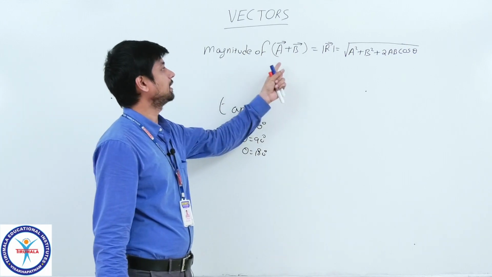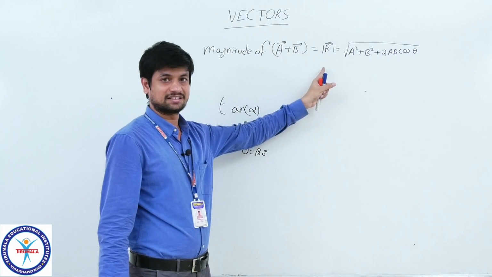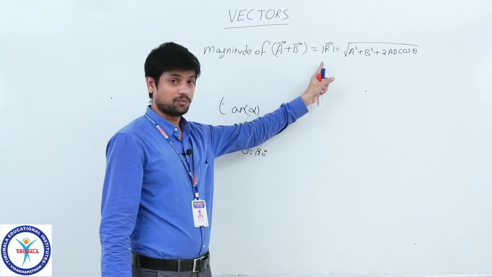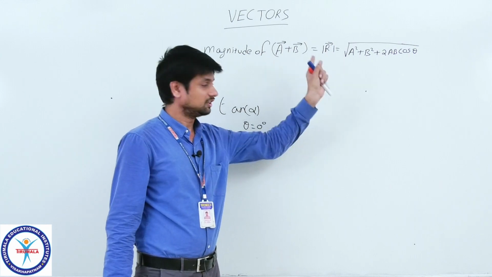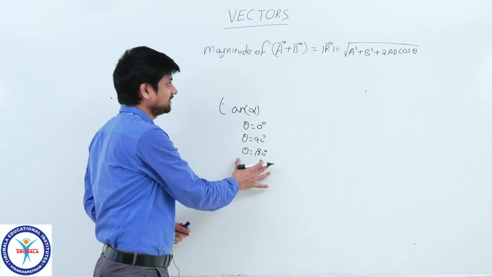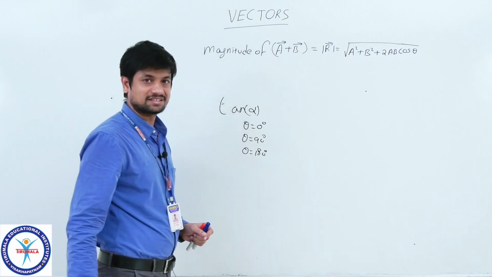So, the magnitude of A plus B is called the resultant vector. That vector magnitude we have already derived in this way. Apply these cases to find the resultant value.